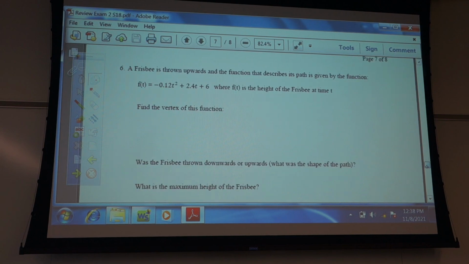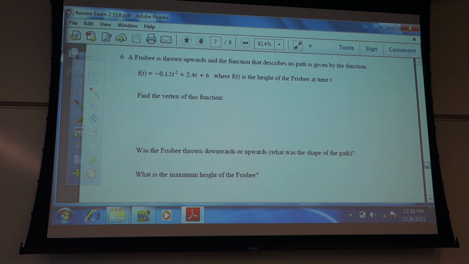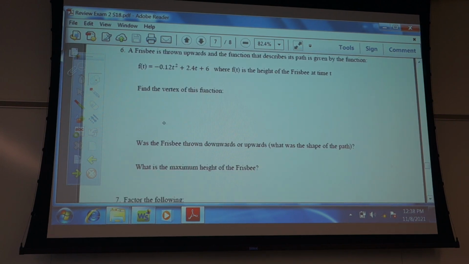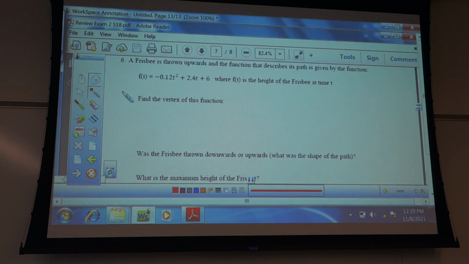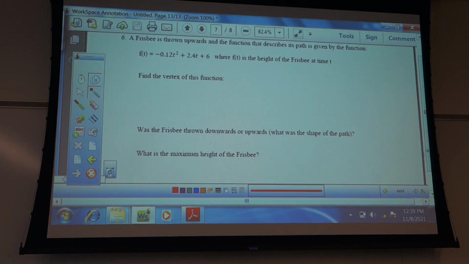So here's number 6. Here's a function. I would rewrite it immediately as y equals something with x in it. So first rewrite it as y equals, I'm going to write out what it should be. Rewrite this as y equals something with x in it. Do it right now. Y equals what?